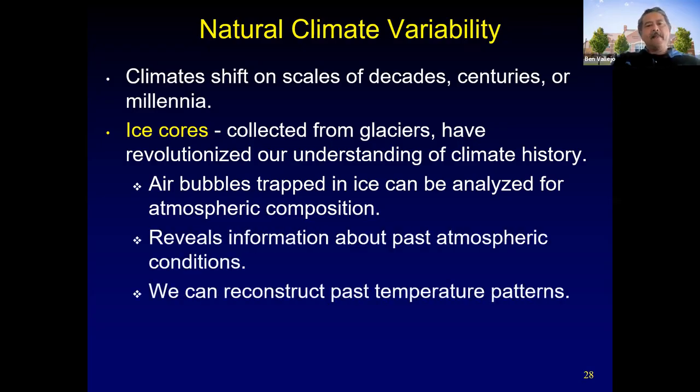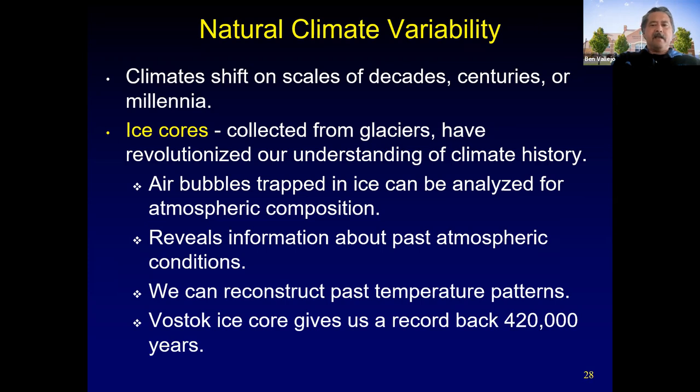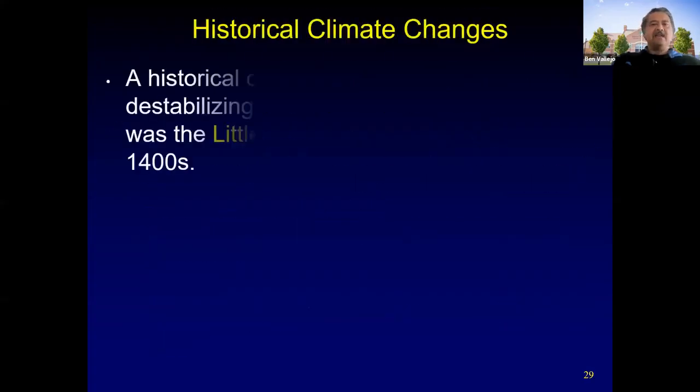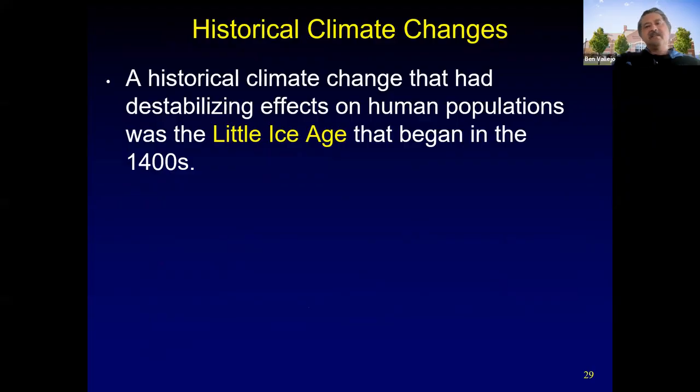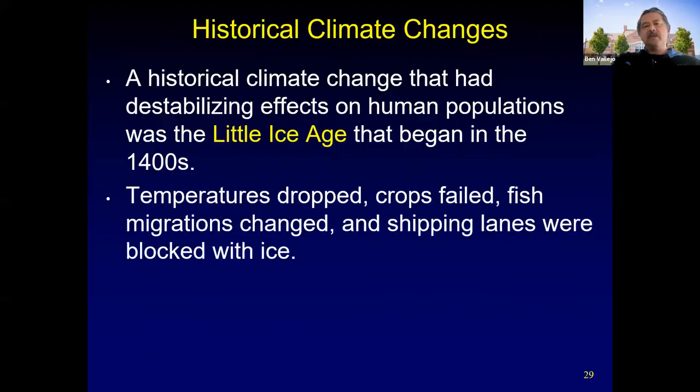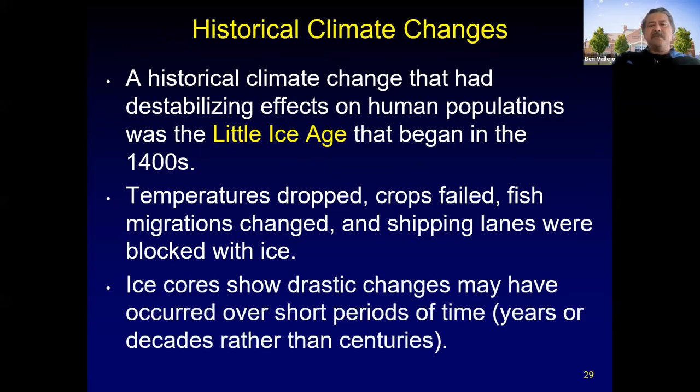Okay. All right, look at this, 420,000 years. You can see information from that far back. And in taking a look at ice cores, there was information from the Little Ice Age of the 1400s. What this tells us is that it doesn't have to be thousands of years where you have this climate, but it could be a short period of time.